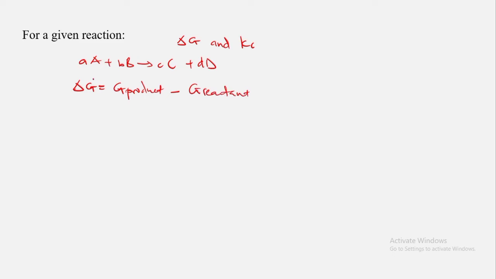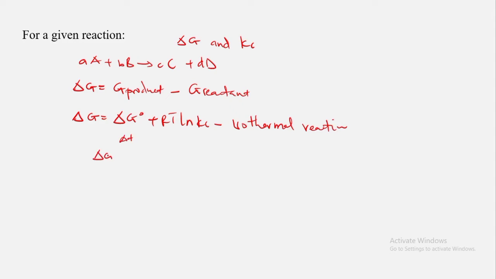Then we know that the Gibbs free energy is equal to the G naught plus RT ln Kc, whereby Kc is the equilibrium constant. Now this is at what? Isothermal. It's an isothermal reaction, right? Then we know that at equilibrium, the Gibbs free energy will be equal to 0.